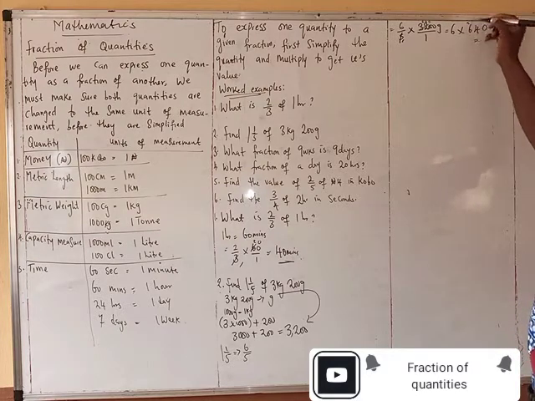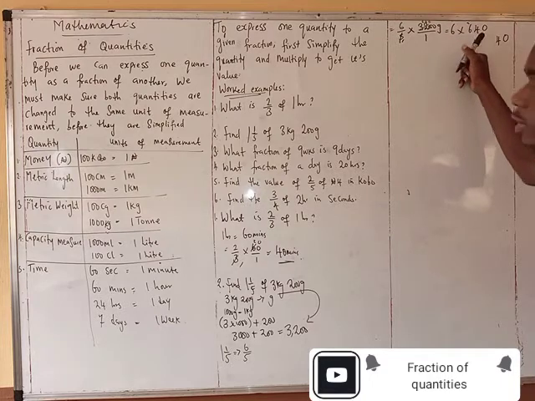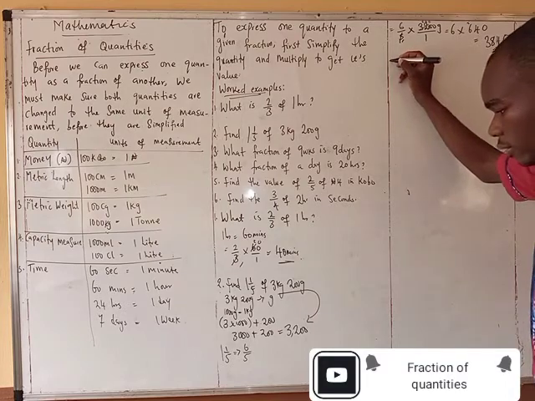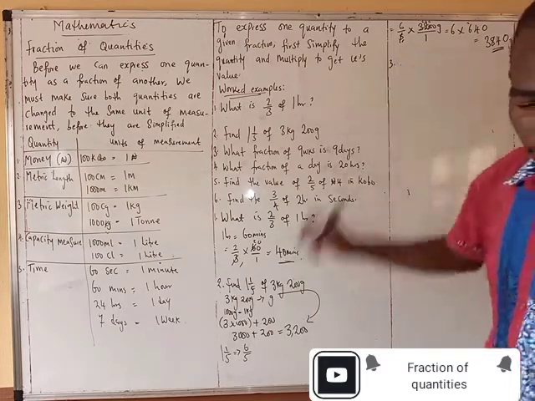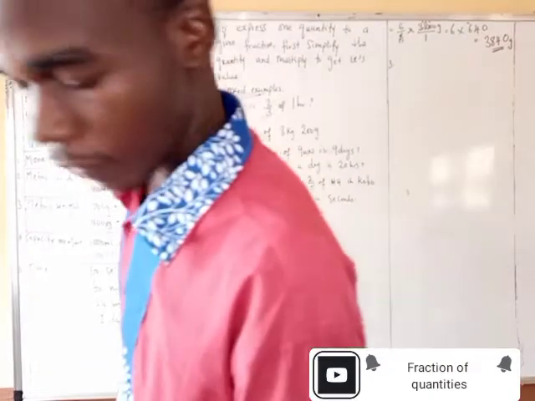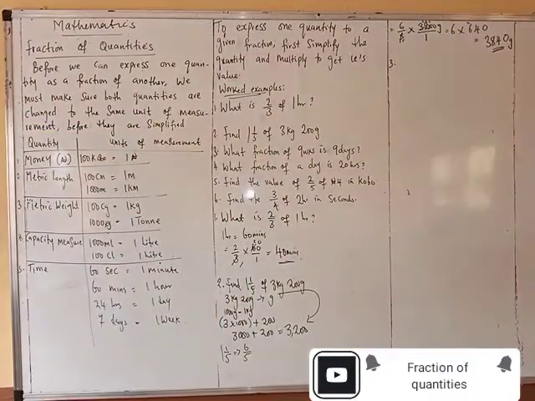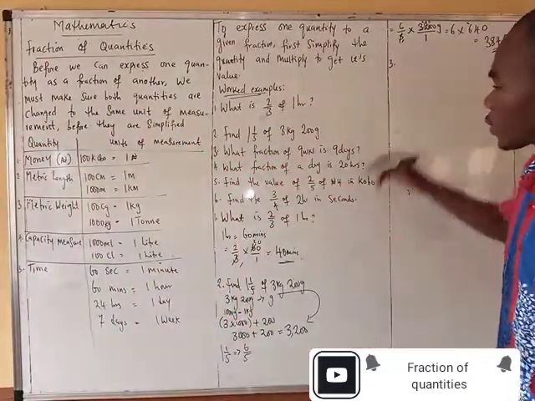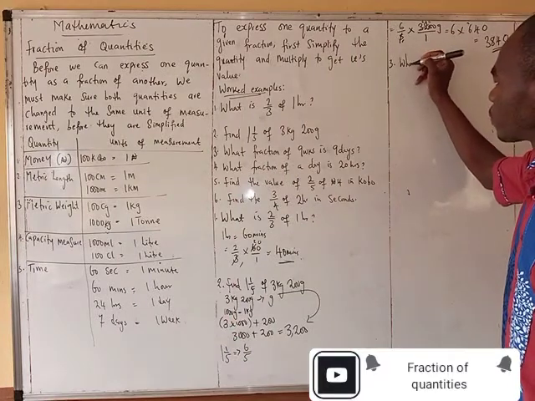Right? 4, carry 2. 6 times 6 is what? 36 plus 2 is what? 38. That's 3,840 what? Grams. Is it clear? If you have any question, look at it and let me know. Is it clear? 3,840 grams.